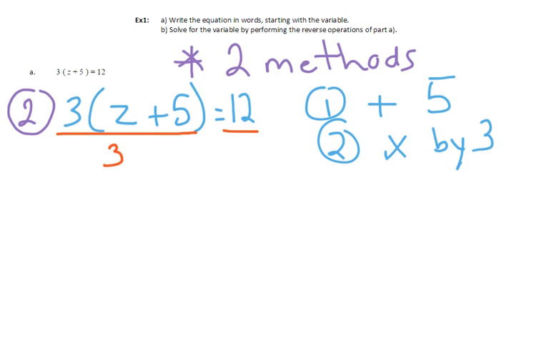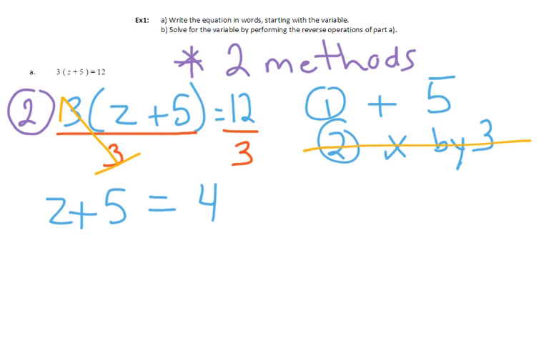What I do to one side, I must do to the other. So here we have 3 times z plus 5 divided by 3. Well, these 3's will divide out. So these 3 divided by 3 is just 1, and we're left with z plus 5. We have our equal sign, and then 12 divided by 3 is just 4. So equals 4. Now we have taken care of this part.